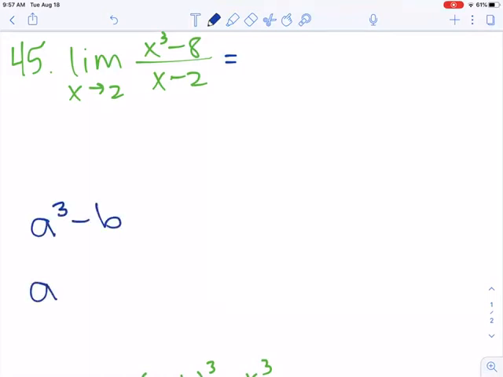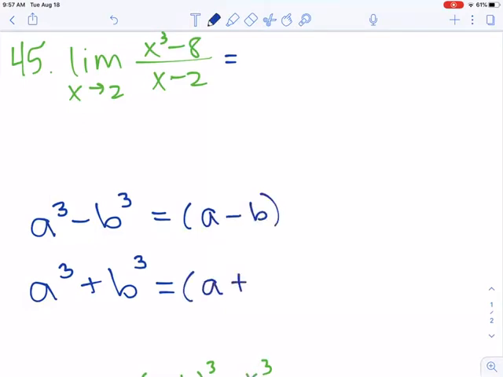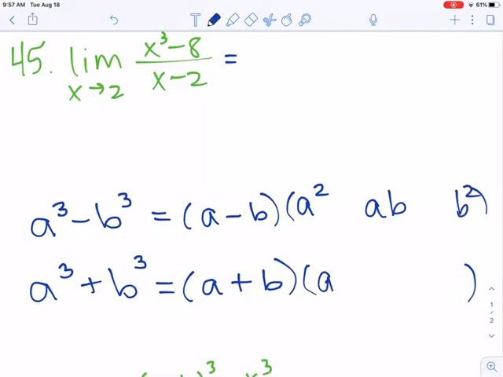We have the difference of cubes and the sum of cubes, and I just wanted to remind you about how we factor those. The difference of cubes and the sum of cubes both start out similarly, where we have either a minus b or a plus b. Then the next three terms, the trinomial that we're multiplying, are a squared, ab, and b squared.